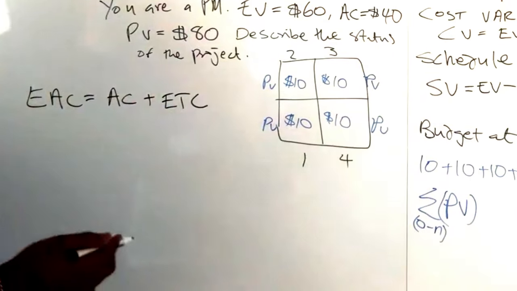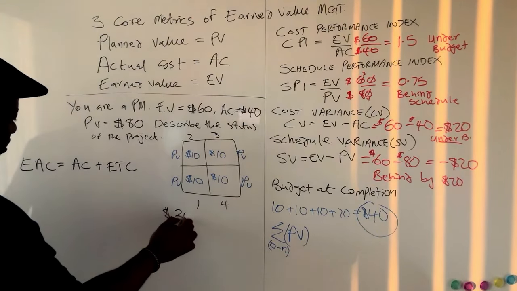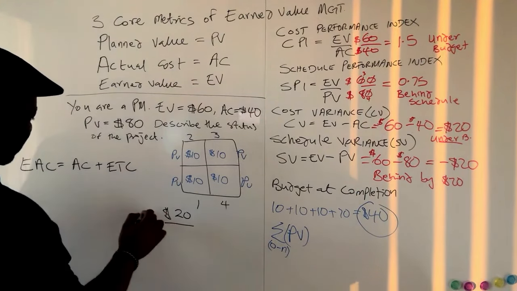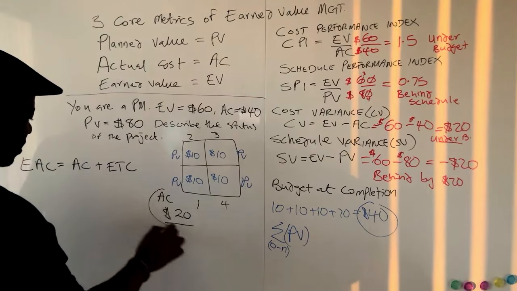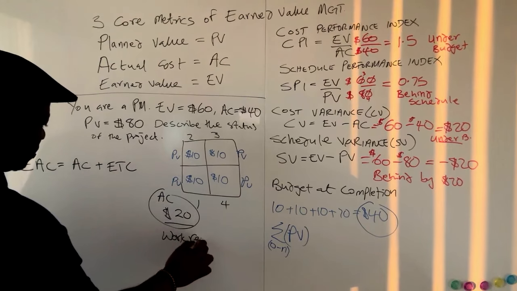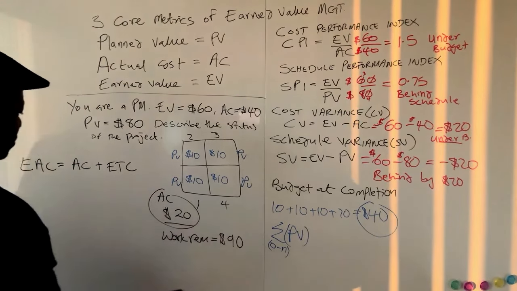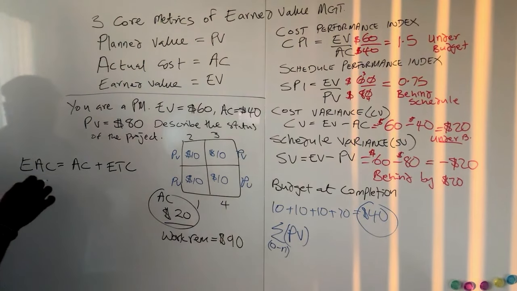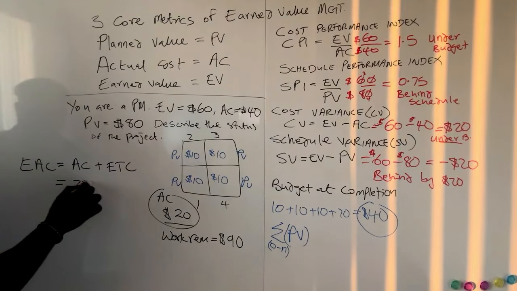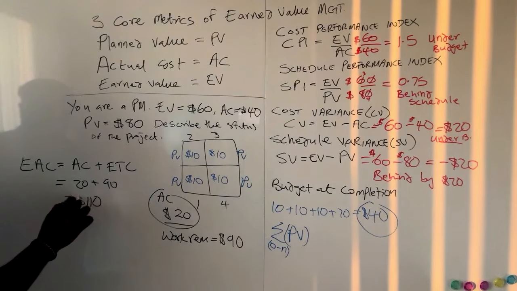So if you're given a problem that says you've spent $20 and you've estimated the work left, so AC is $20, you've got work remaining of $90, then your estimate at completion is going to be equal to the 20 plus the 90, which will give the $110.